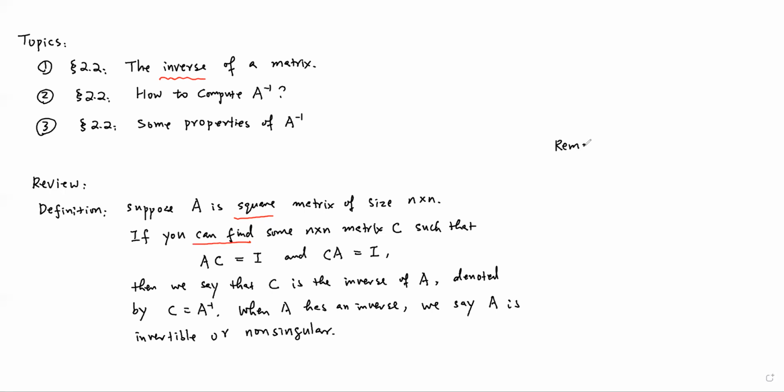Theoretically, it has been proved that C times A is I if and only if A times C is I. So for these two equations, you only need to make one true.